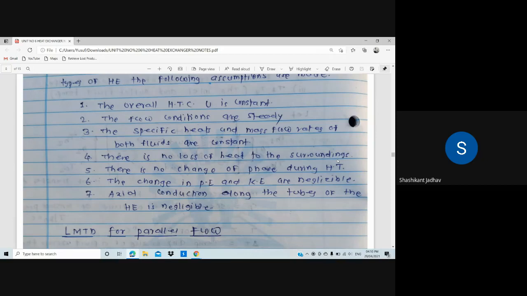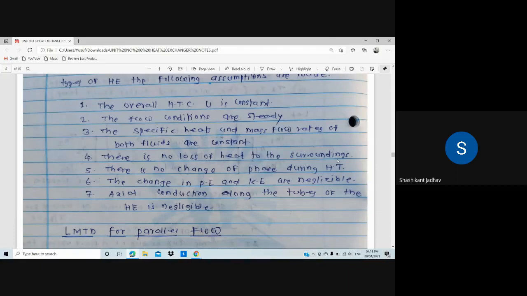Fourth assumption, there is no loss of heat to the surroundings.